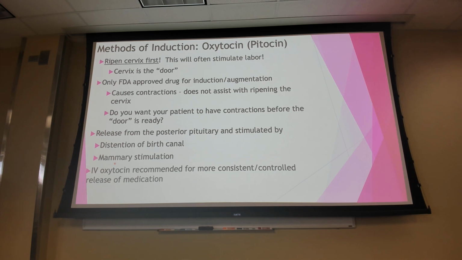So we don't just do stimulation of the nipples during delivery to try to get enough oxytocin for them to start having contractions. It's typically going to be an irregular amount, not going to be enough. So IV oxytocin is what is recommended for induction, and we can control the amount of oxytocin that we're giving these patients, because sometimes we have to increase it, sometimes we have to decrease it.